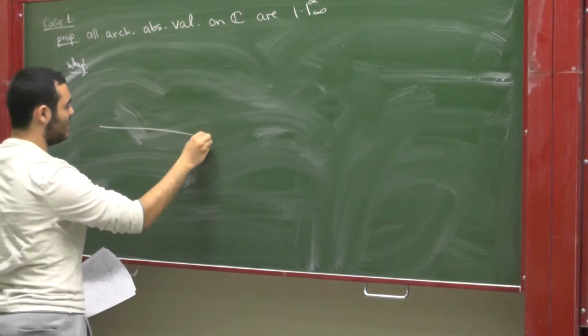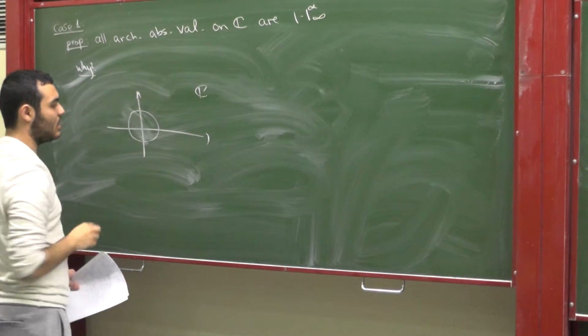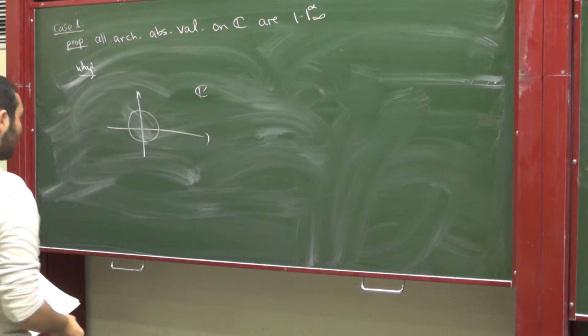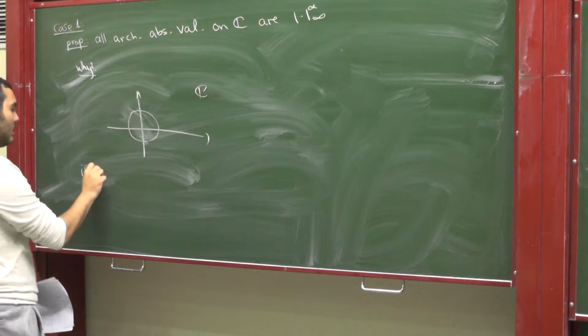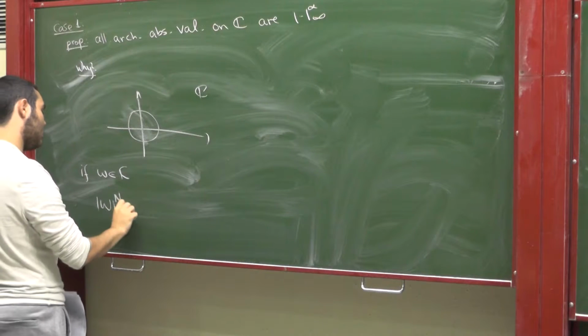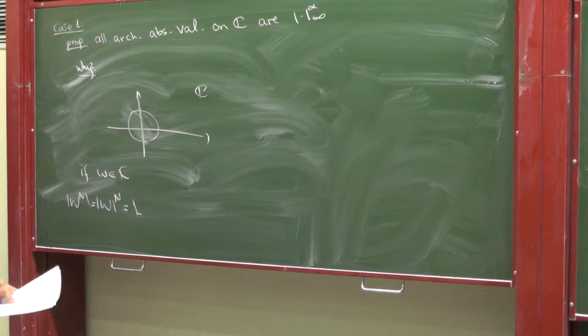So we have our C and we have this inside. So if omega in C is a root of unity, then this is 1, so the absolute value of omega is 1.